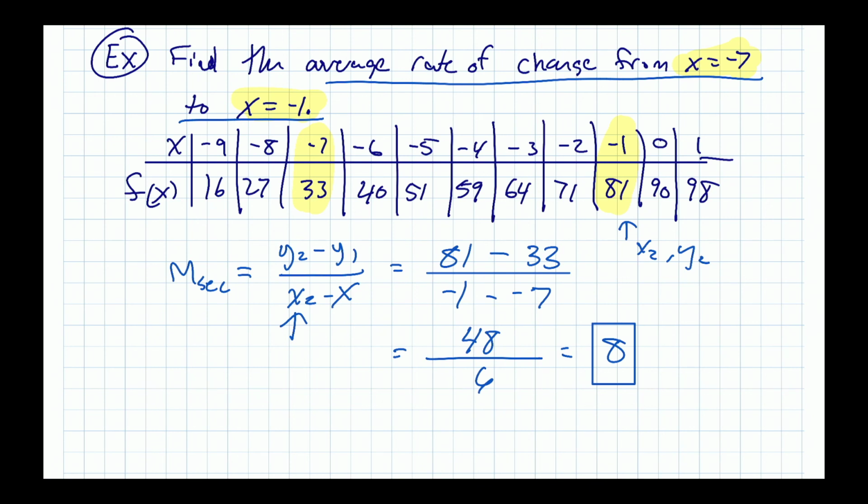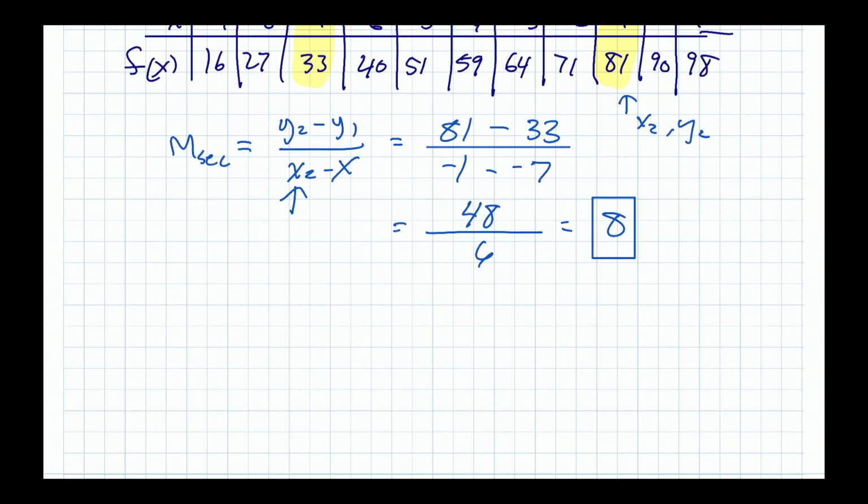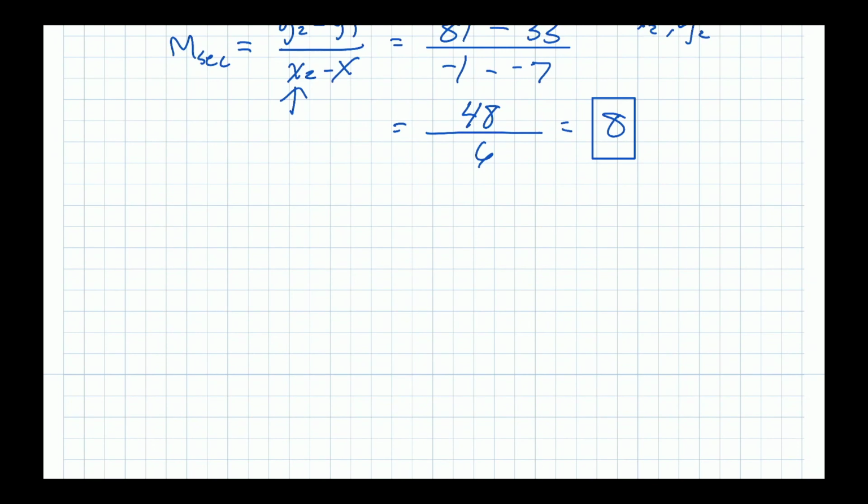All right, now something I'm going to do here is give you an alternate formula for the average rate of change, just because the book does, or the homework does here too, and it's good to see both formulas.